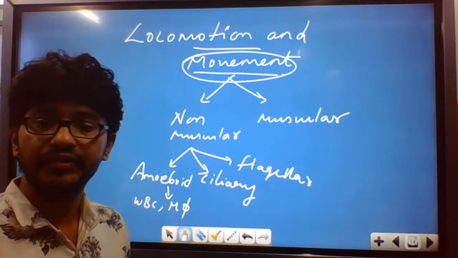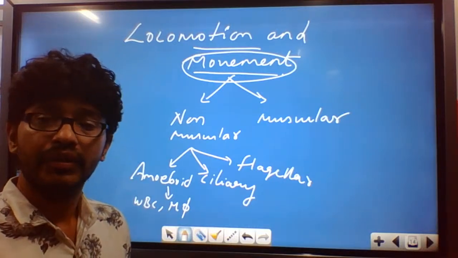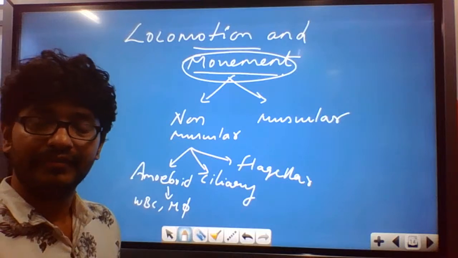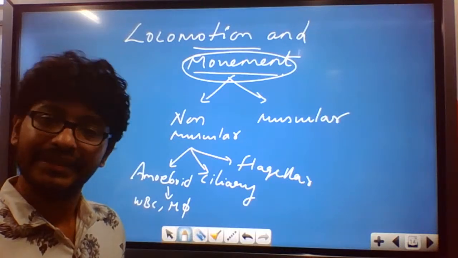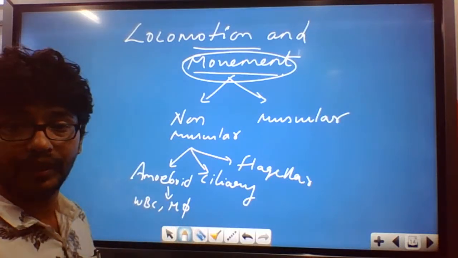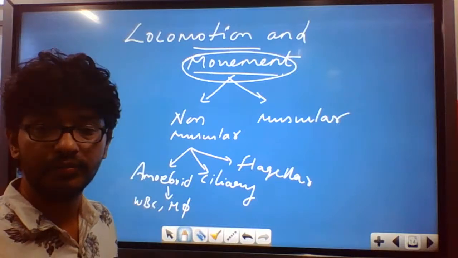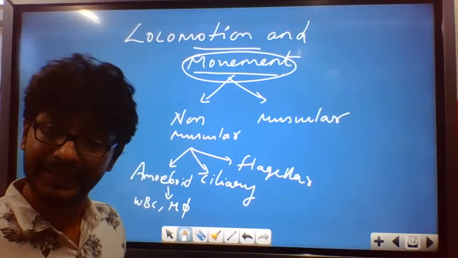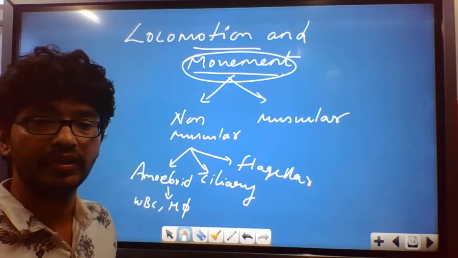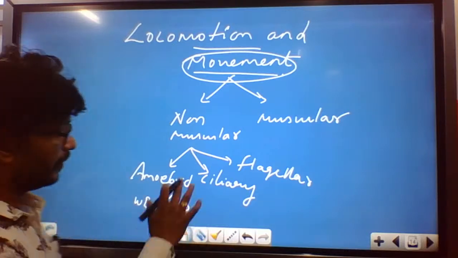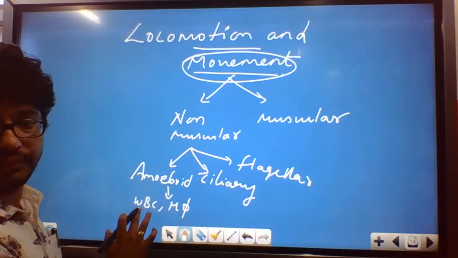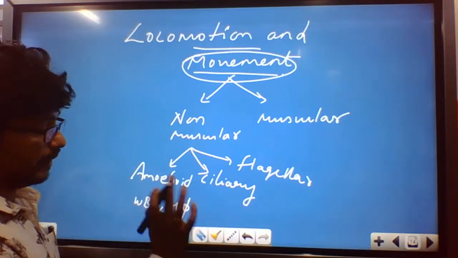You would have studied that in phagocytosis, right? This is where the phagocytosis mechanism takes place. This is a classical example of amoeboid movement, and it is non-muscular movement. It is a movement, but there you could not see any sort of muscles. So for amoeboid movement, examples are WBC and macrophages.